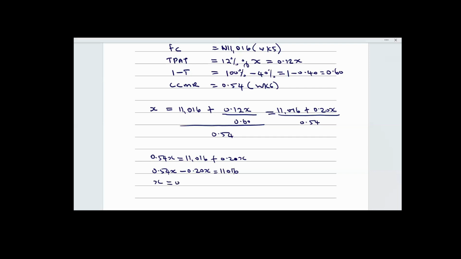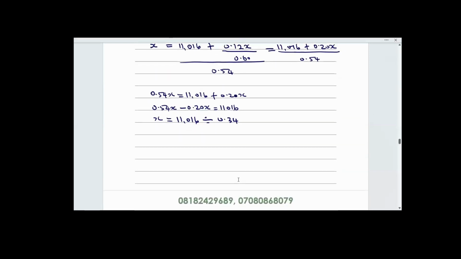Therefore, X is equal to 11,016 divided by 0.34. So this will give us, let me see, 11,016 divided by 0.34.